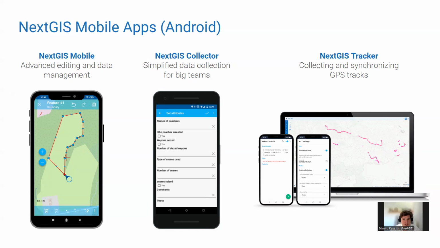Then we will take a look at NextGIS Collector for simplified data collection for big teams. And we also will take a short look at NextGIS Tracker, ensuring collecting and synchronizing GPS tracks in the same ecosystem. So you can track your devices in NextGIS Web on web maps, etc.